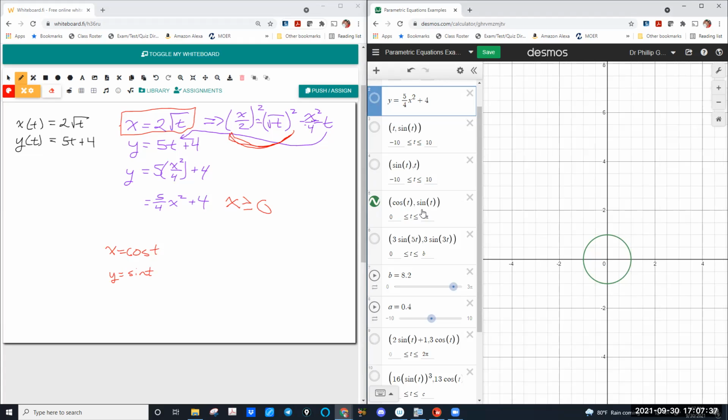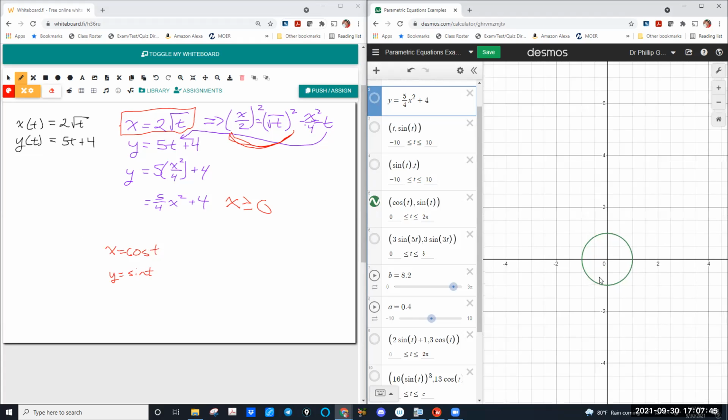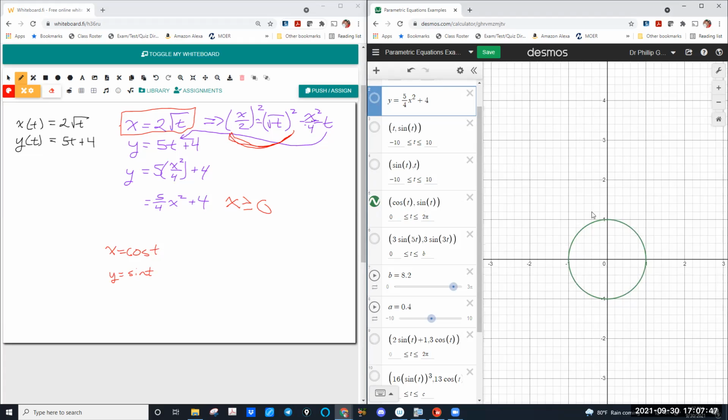These are parametric equations because x and y are being defined in terms of some third parameter. And what's really cool about this is now we have a way of plotting something that's not a function, right? This does not pass the vertical line test. If we drop vertical lines in there, they're going to hit in more than 2 places.